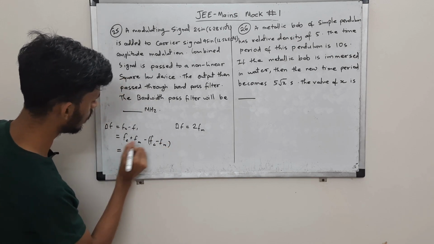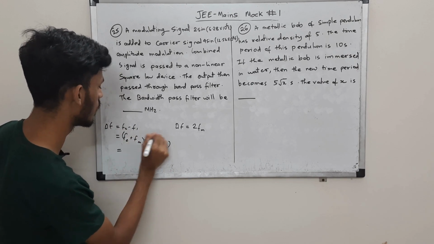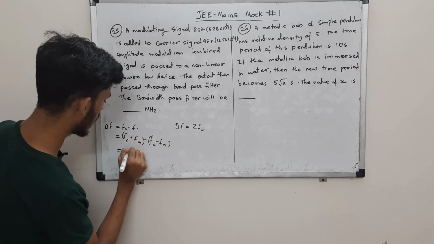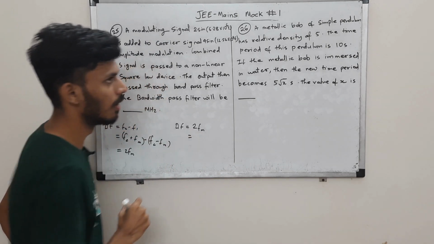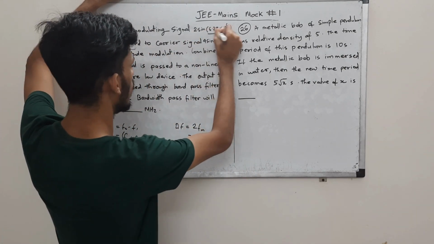So when you plug in f2 as fc plus fm, and in place of f1 you put fc minus fm, you can see that fc and fc will get cancelled and you'll have 2 times fm. So that is why your bandwidth depends only on the frequency of the modulating signal.